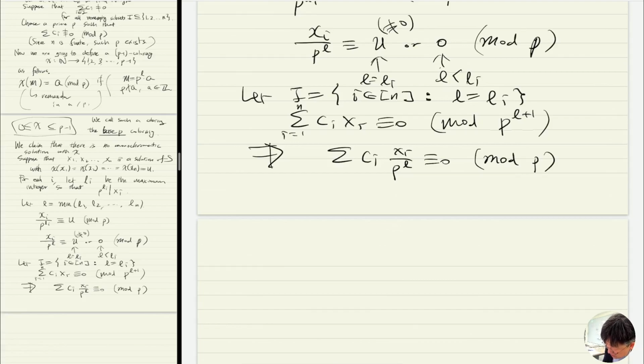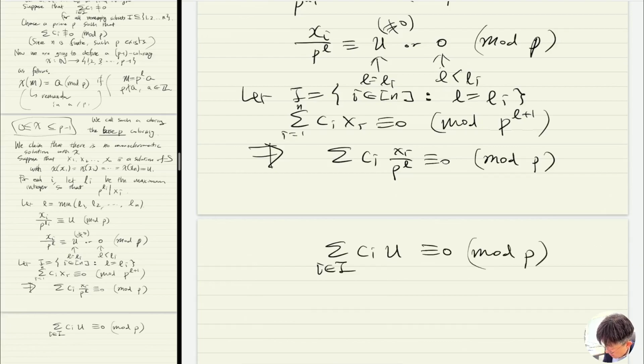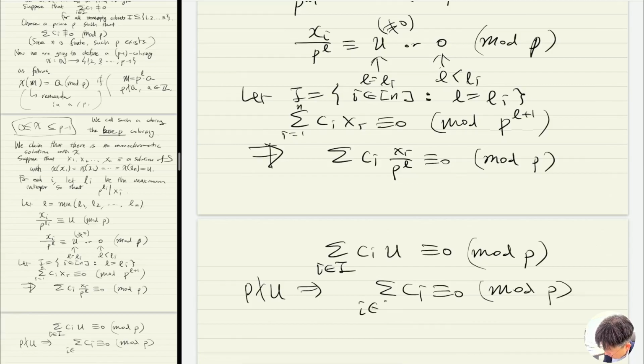So this is the sum of ci times u, where i is in I, and this is 0 modulo P. But u is constant and non-zero, so P doesn't divide u, and therefore the sum of ci is 0 modulo P. But that's a contradiction, because we chose P so that any partial sum is non-zero modulo P.